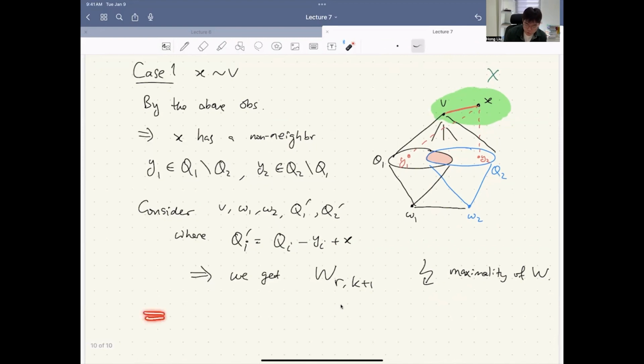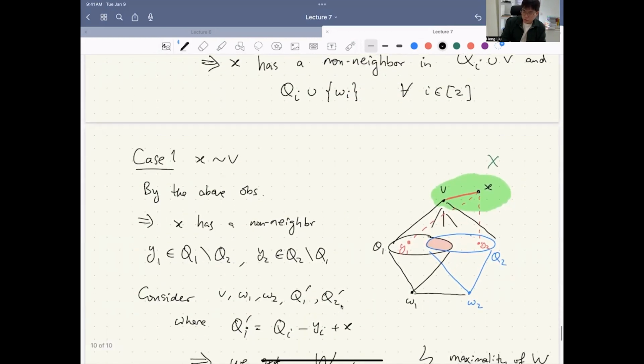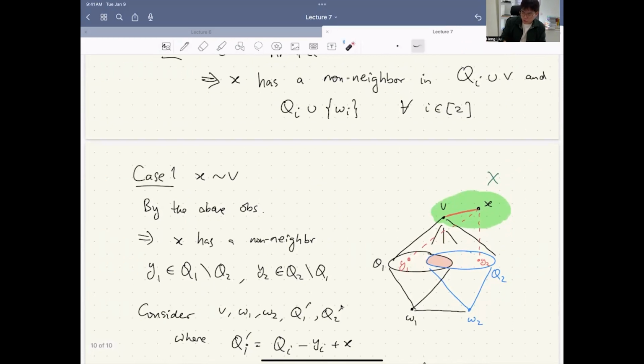So this implies X is not joined to V. But again, by this assumption, it has a non-neighbor in here, which cannot be in the intersection because X is a common neighbor of this intersection.